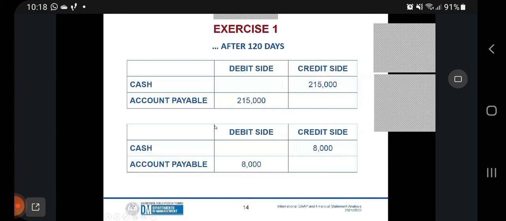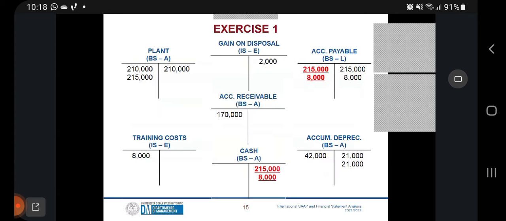For training costs for employees, again, the outflow of cash for 8,000 and then the reduction of the account payable. Updated the account, so here there is the outflow of cash and then the reduction of the account payable.